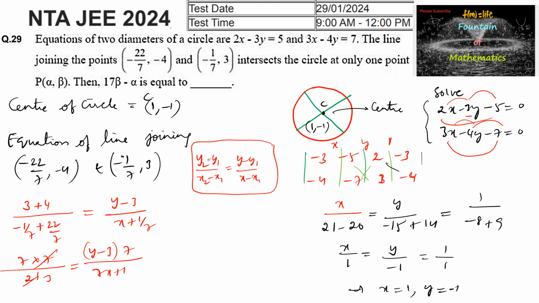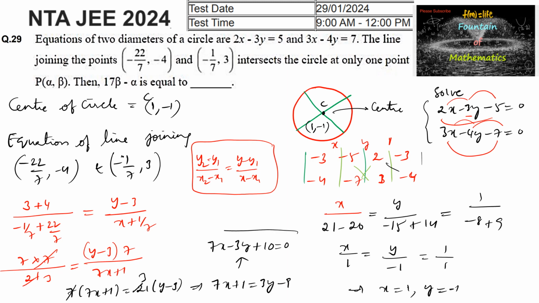The cross multiplication will be getting 7 times of 7x plus 1 is equal to 21 times of y minus 3, that is 49x, or we can write here 7 3 times, we can cancel and we can simplify. So we got 7x plus 1 is equal to 3y minus 9, or we can write 7x minus 3y plus 10 is equal to 0, which is the equation of a tangent to the circle.